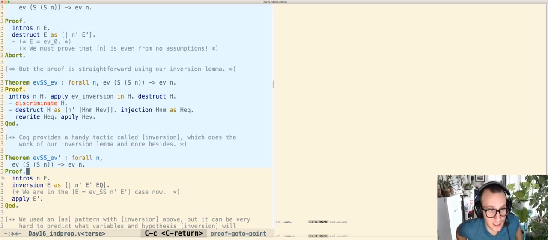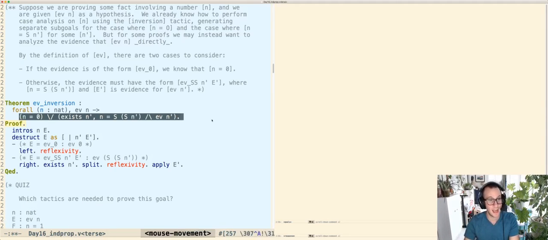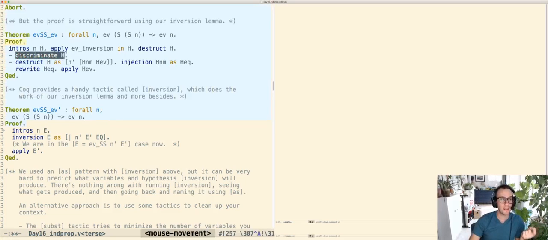Inversion will simultaneously do the work of this inversion lemma saying, hey, here are all the ways I could have found this thing. And then it'll go further and it'll say, look, some of these cases don't make sense. I need to discriminate them and I will blow them up. And then others of these cases induce other equalities that we might care about, right, where we saw that injection. I will conclude those for you automatically.